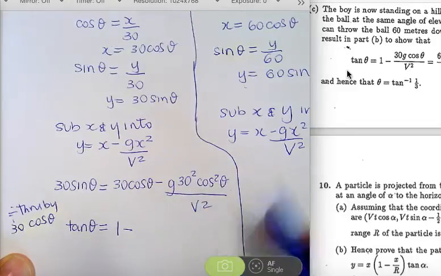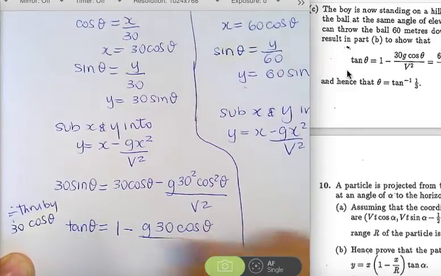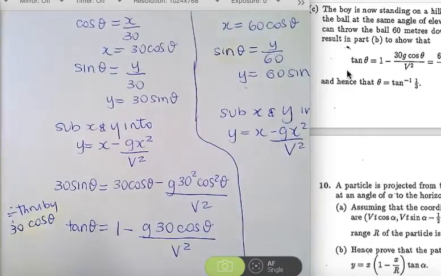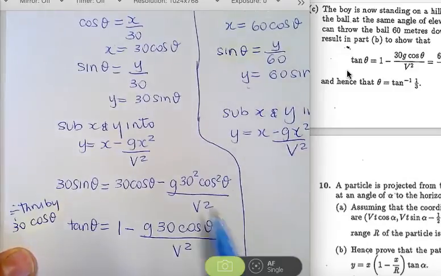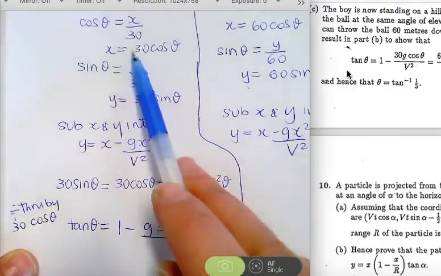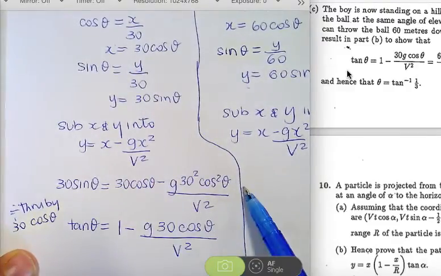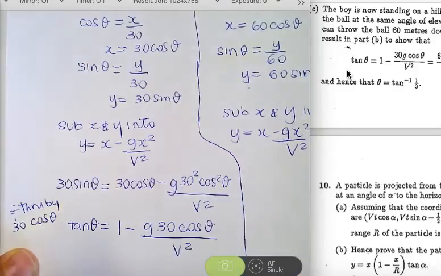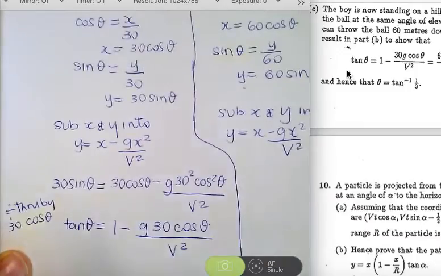Because it's squared, you get g 30 cos theta on v squared. Beautiful. Because we were squaring, we had gx squared. So x squared is 30 squared cos squared theta. So you'll do the same thing over here. Exactly the same.